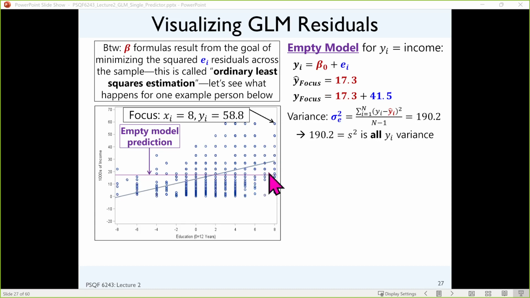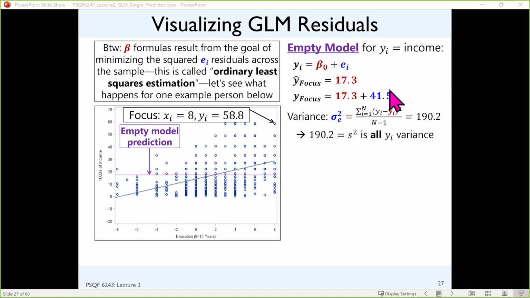That's the mean of this outcome. If I just ran descriptive statistics, I'd get 17.3 back. So this is kind of a bad guess for this person. Their E residual is positive 41.5 because that is the difference between what the purple line says they should be and where they actually are up here.